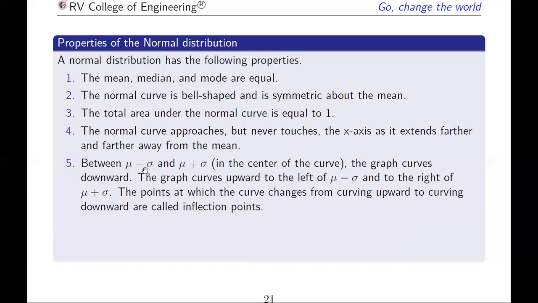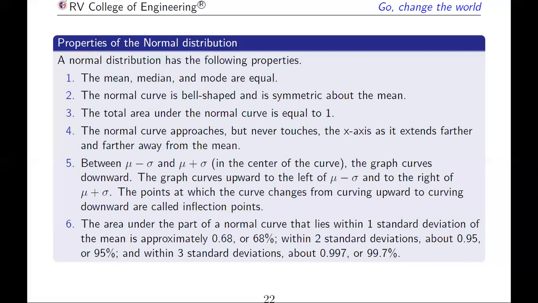Between this value and this value, the graph curves downwards. The graph curves upwards to the left of this and to the right of this value. The points at which the curve changes from curving upward to curving downward are called inflection points.